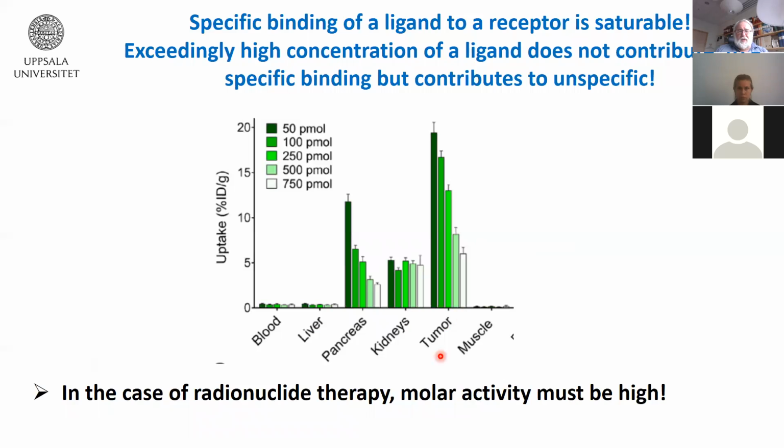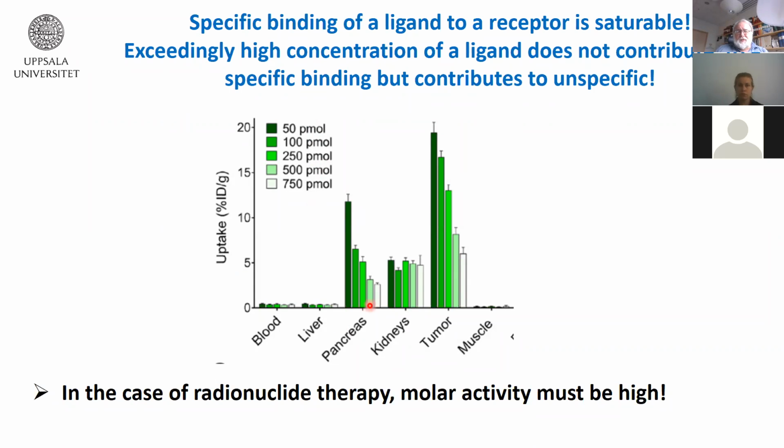For example, this is an example from our work when we tried to develop targeting of prostate cancer using a bombesin analog, an antagonistic bombesin analog. And what we could see is that when we increased the injected amount of this radiolabeled peptide, the radioactivity bound to the tumor decreased.